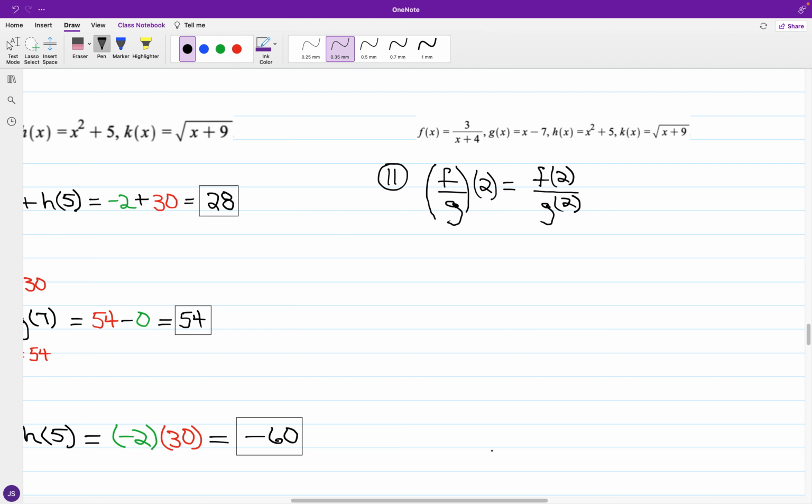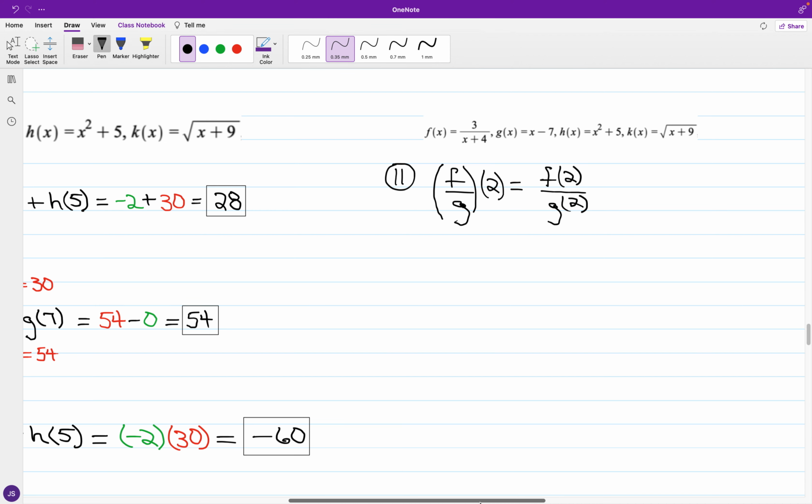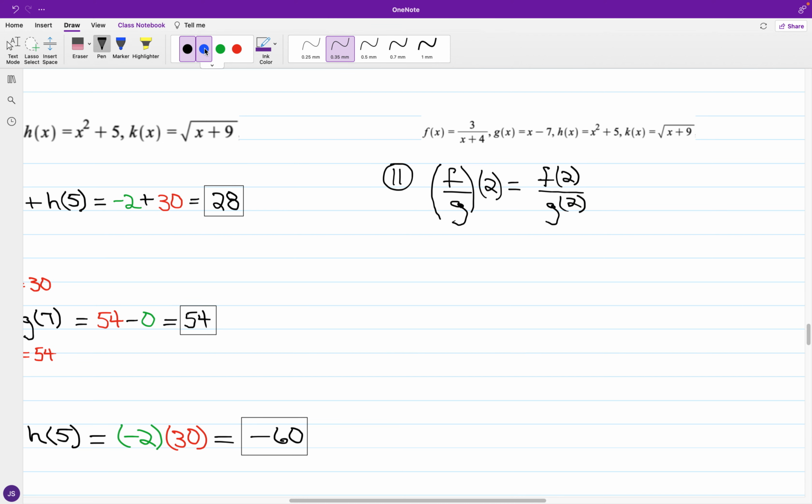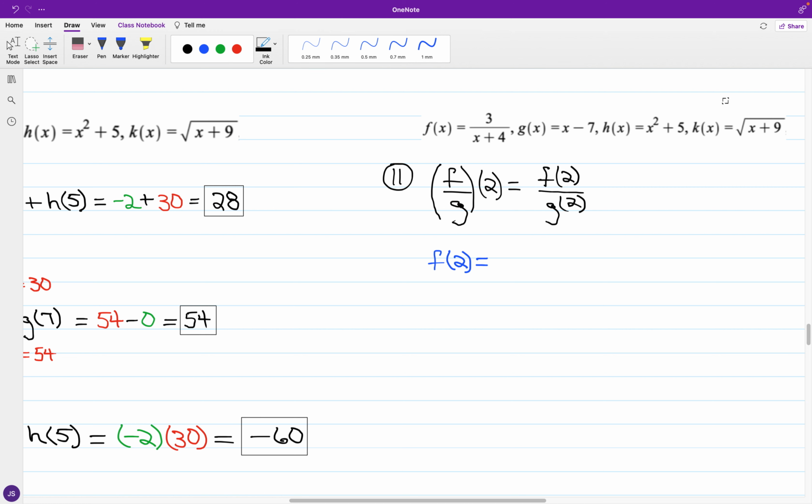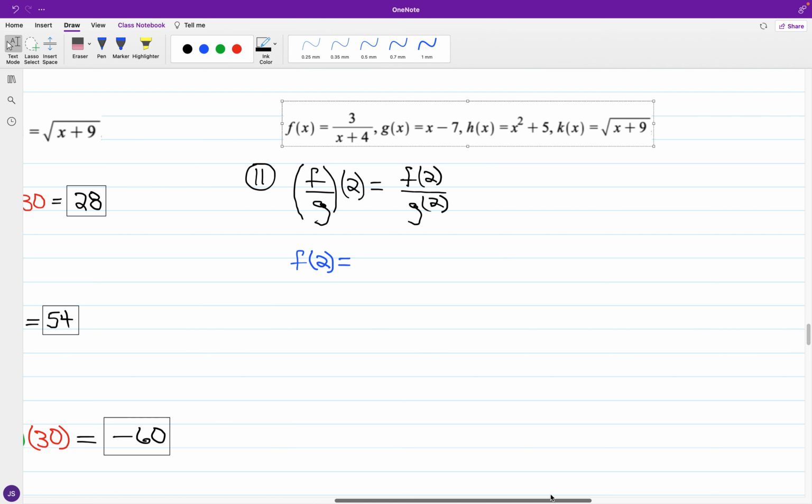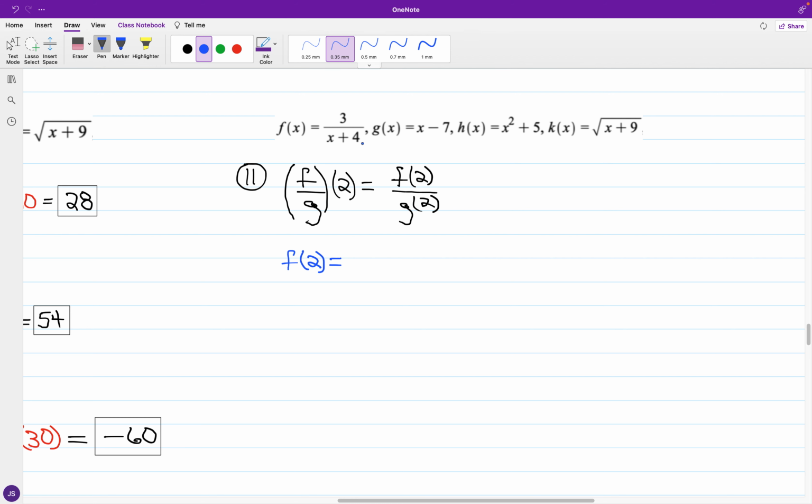For what we have in this case, this is our first use of f. For f of 2, referencing f of x, we have f of x equal to 3 over x plus 4, and with the input at 2, we have 3 over 2 plus 4.